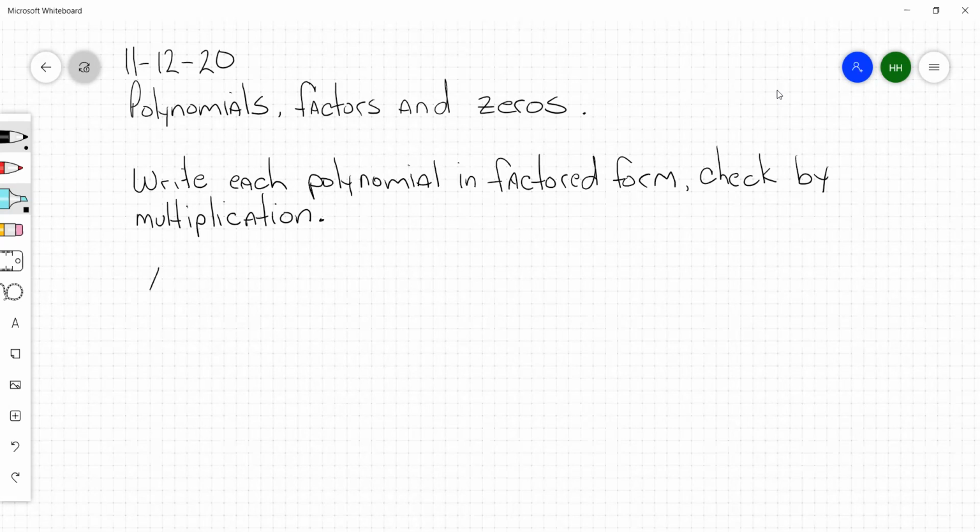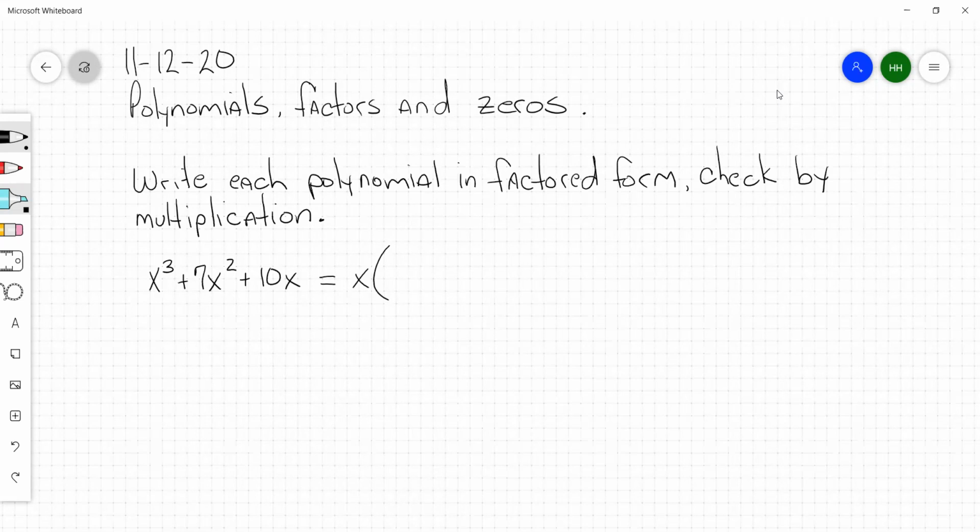So here's your first example. We've got x to the third plus 7x squared plus 10x. All right, and if we got to write this in factored form, what we're going to do is we're going to factor it. And as you can see, each term in this trinomial has an x in it. So we're going to factor out an x.